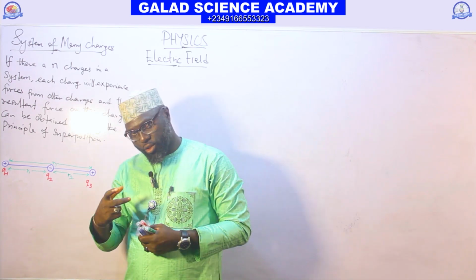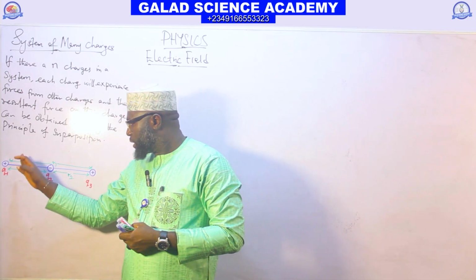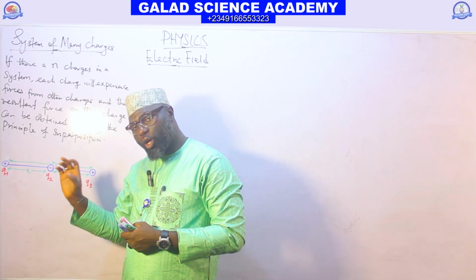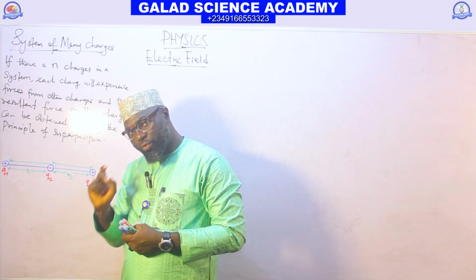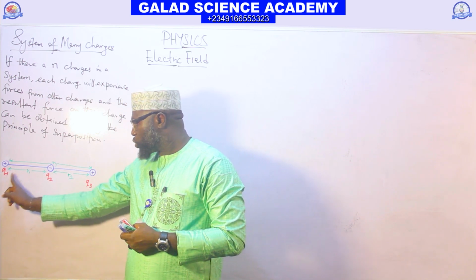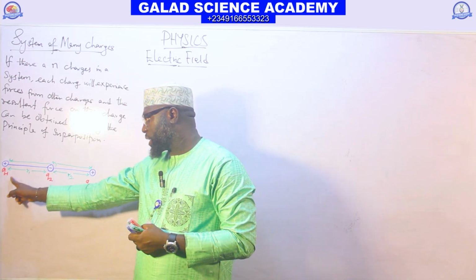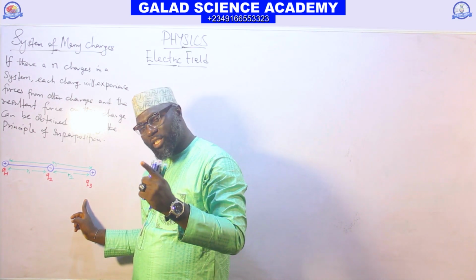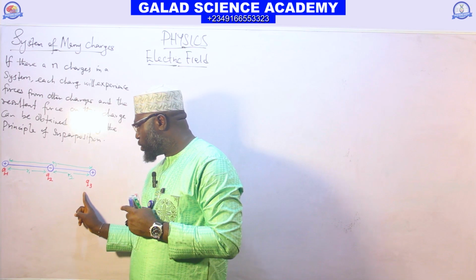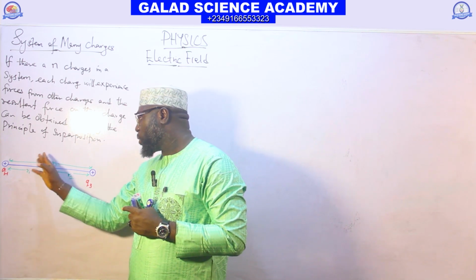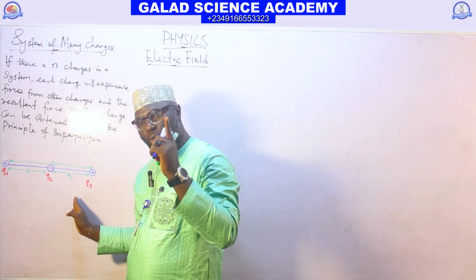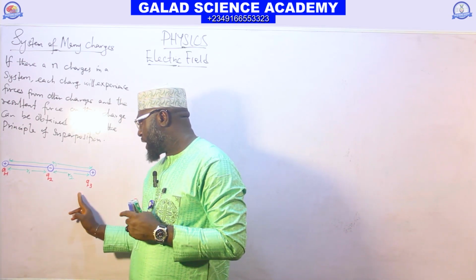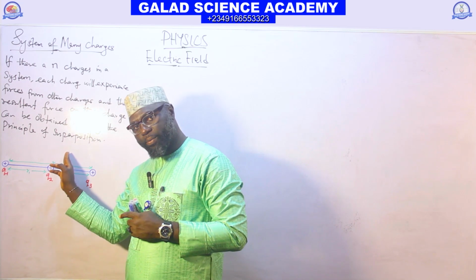You will know that there is a force between Q1 and Q2, and there is also an electric force between Q2 and Q3, and between Q1 and Q3. So we can now see that in this diagram alone, we have 3 forces. One force is experienced here, another force here, another force here.